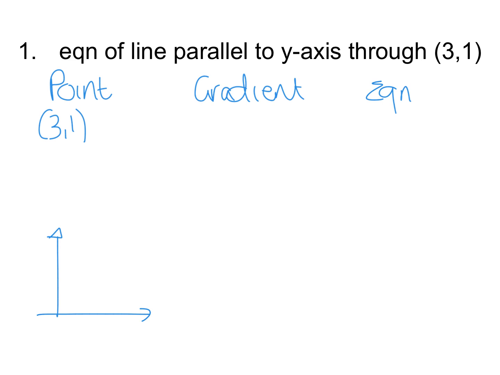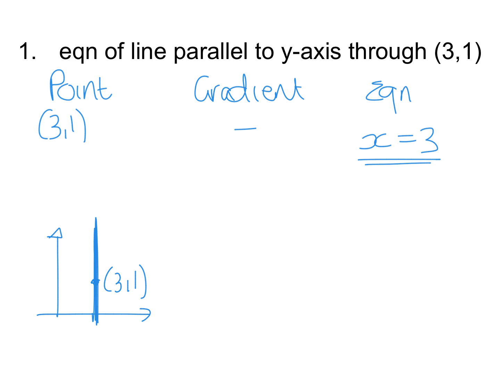Parallel to the y-axis means it's this line here, and that is an undefined line. And if it's going through the coordinate (3, 1), then my x coordinate is always 3. So the equation is just x equals 3. This has an undefined gradient, so we can't actually do a gradient for it. It's one of our special lines.